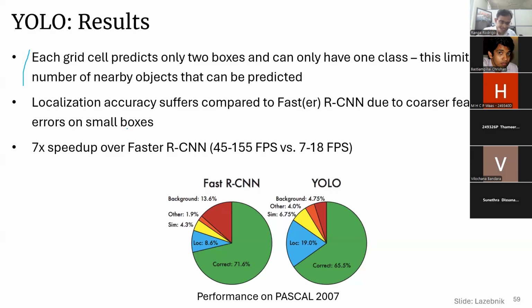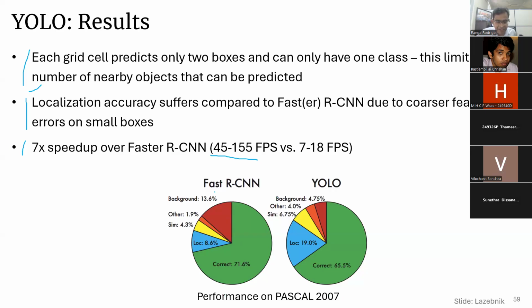You can see the output structure is from a 7 by 7 grid. I think that's a problem. I didn't think about it to definitively explain that. But anyway, because of this, a 7 times speedup over Fast RCNN, it ran up to 155 frames a second. That was very fast.